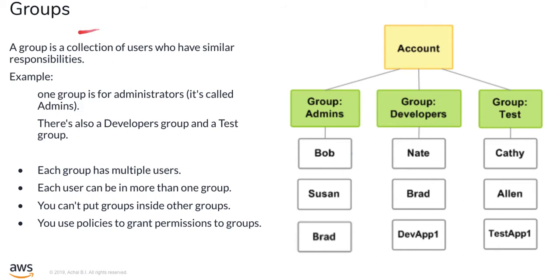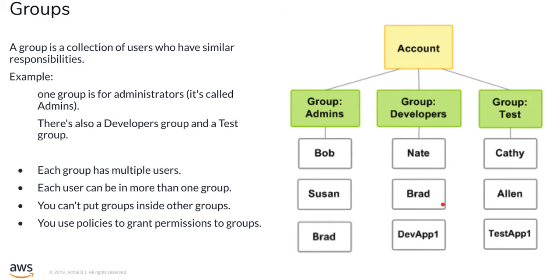Groups is basically a structure AWS provides us to collectively assign certain permissions or policies to the users.